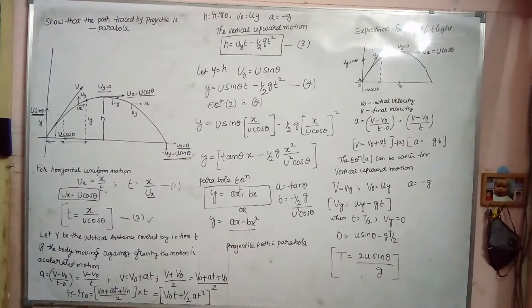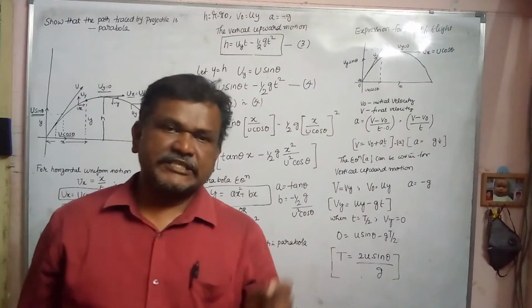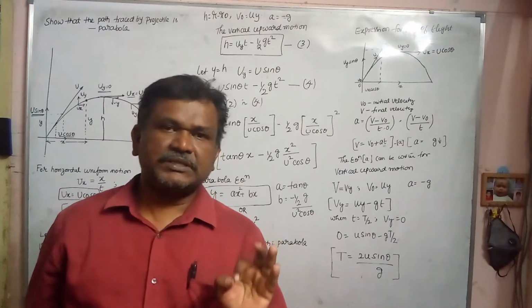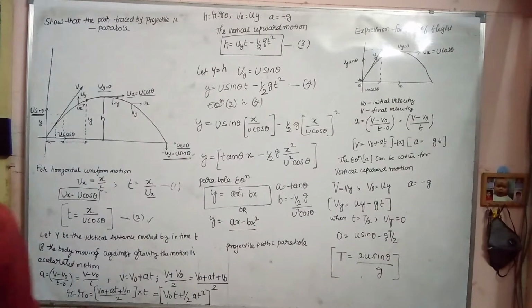Initial velocity is v naught divided by time. Actually, what is acceleration? Acceleration is equal to the differentiation of velocity with respect to time, generally dv by dt. So it is v minus v naught divided by t minus t naught.